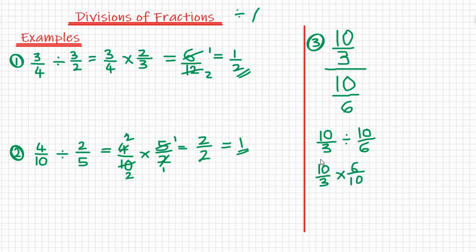So what can we do here? We can just divide this one. 10 in 10, 1. 10 in 10, 1. Very easy. 3 in 3, 1. 3 in 6, 2. You see that I can only divide the top with the bottom, crossing like this.